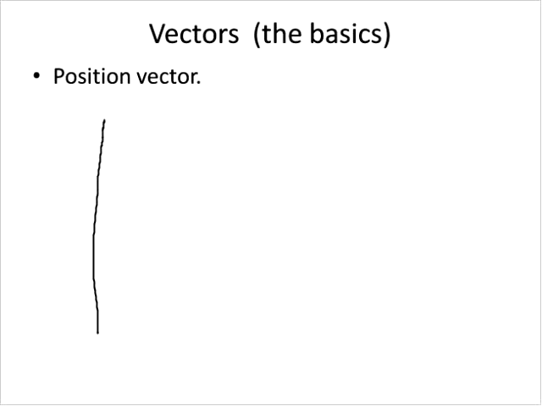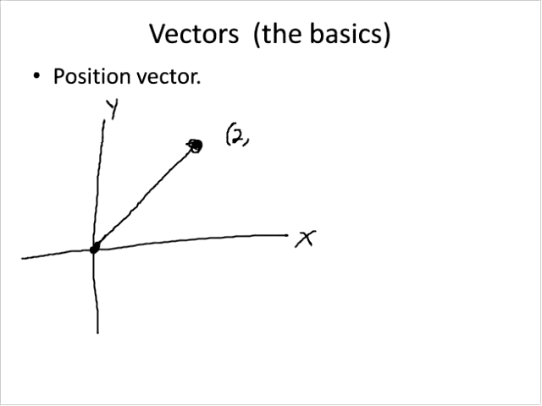So if I think of the XY axis, here's the X, here's the Y, and I have a position vector, which means I have a vector whose initial point is the origin. It goes out some direction to a second point. Let's say the coordinates of the second point are 2, 3.